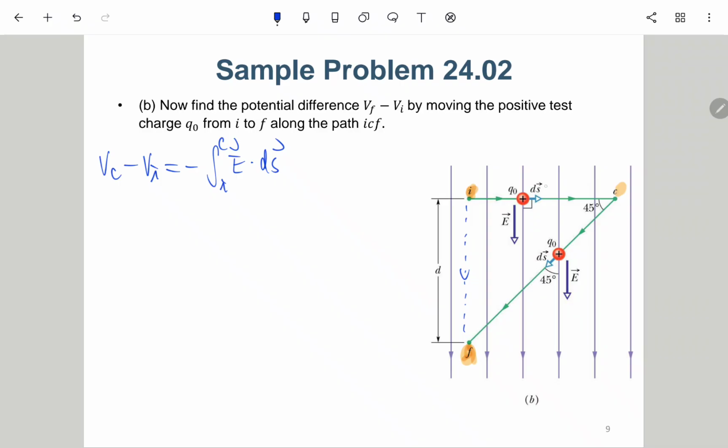For this one, ds is pointing to the right and E is pointing downward. So E dot ds will be 0, because it is E times ds times cosine of 90 degrees, and cosine of 90 degrees is 0. This is clearly 0 because E and ds are perpendicular to each other.